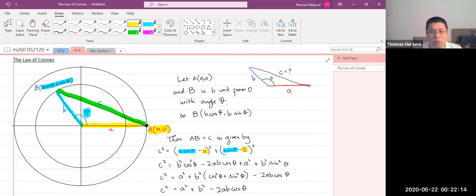Then I expand, I FOIL these, and get these three terms here, while the other parentheses you subtract by 0, so nothing to be done. In the next step, I combine this term with this term and factor out the b squared.